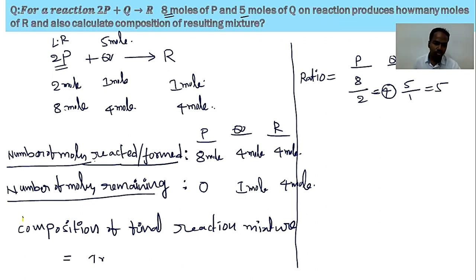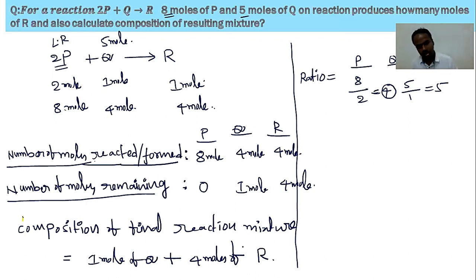The composition is 1 mole of Q plus 4 moles of R. So this is another way of asking questions in the limiting reagent model. This is the final reaction mixture. Let us see one more model of limiting reagent questions.